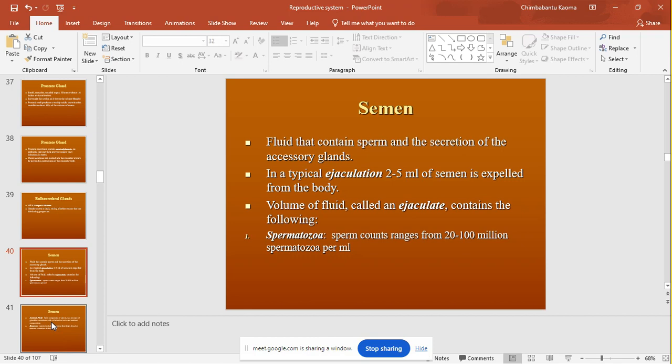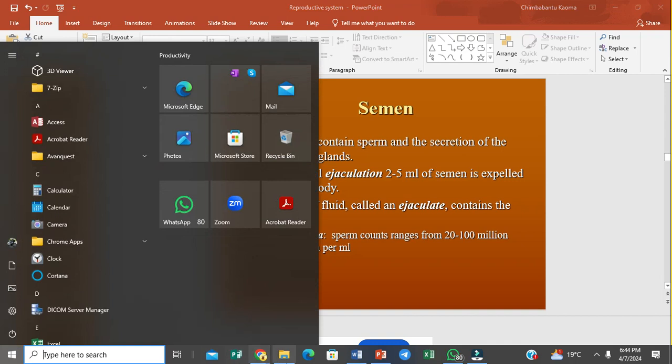So if it is 2 mL, we are saying at most you should have 40 million spermatozoa, and if you're producing 5 mL, you should have a bare minimum of at least 100 million, or 500 million at maximum.